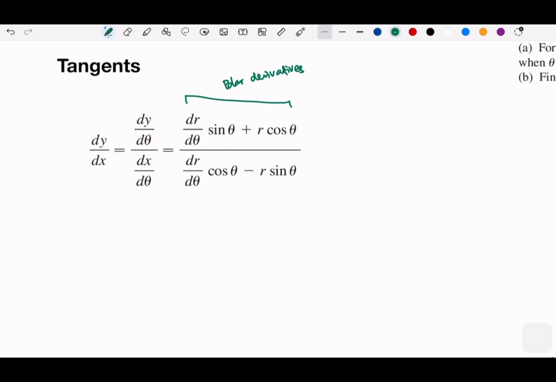So basically, this expects that you are given r equal to a function of theta. You can do it this way, or you can rewrite your x and y. Basically x is r cosine theta, and y is r sine theta, and then you can proceed as in parametric.